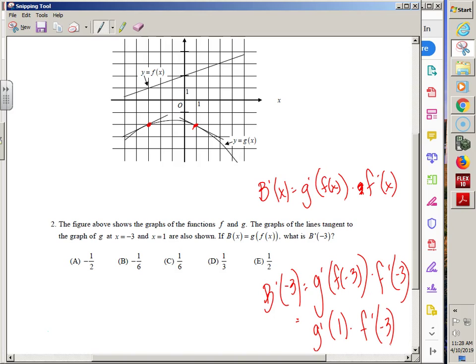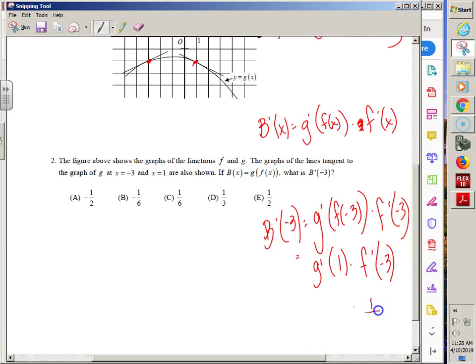F prime, remember whenever we think about F prime and G prime, and we have an F, we have a G, we're thinking about the slope, right? And the slope of F is constant because he's a line, so it's just going to be rise 1, run 3. So I can substitute him for 1/3 because the slope of any line is constant.